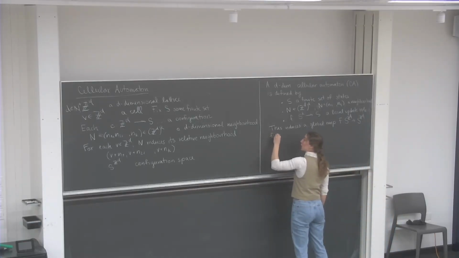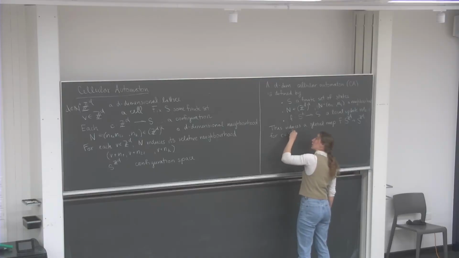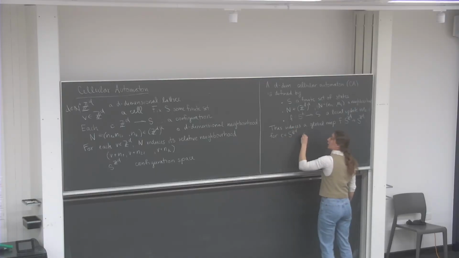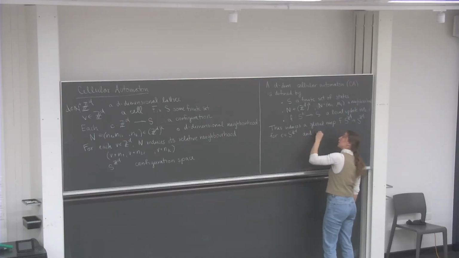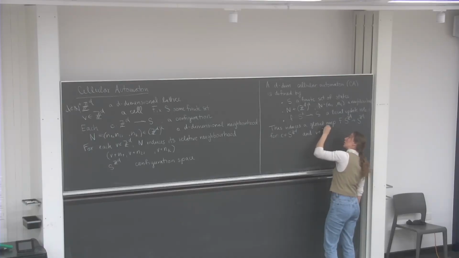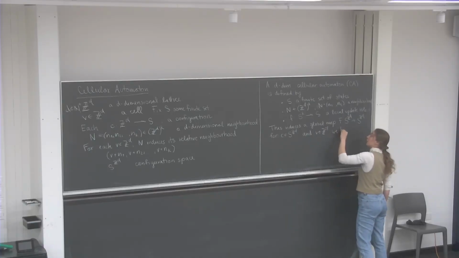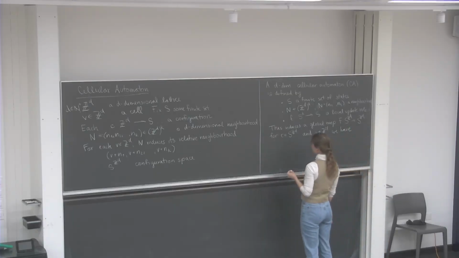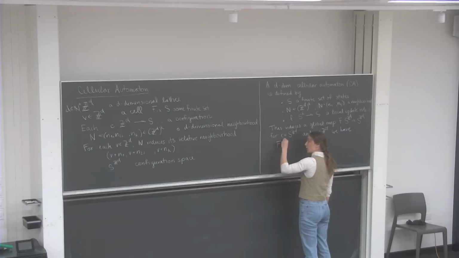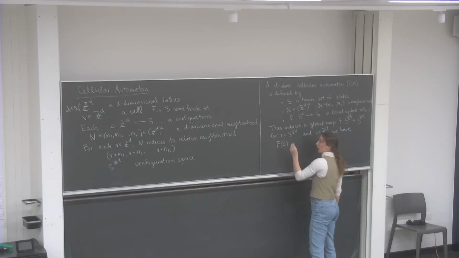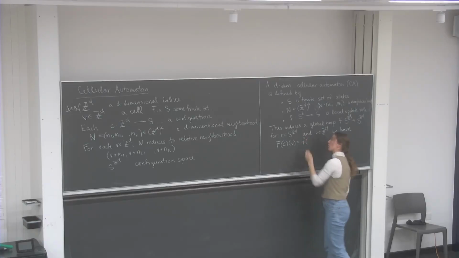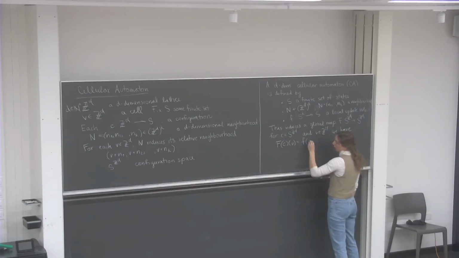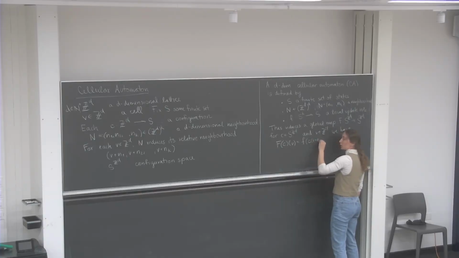For a configuration C and a cell V, we have that the image of C at position V is exactly just the application of the local rule at the location of the neighbors.